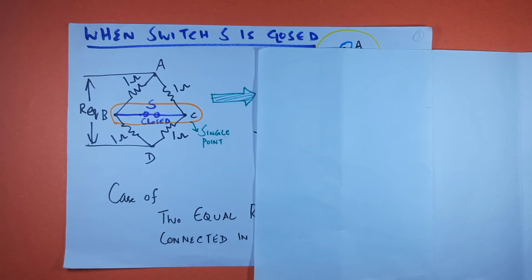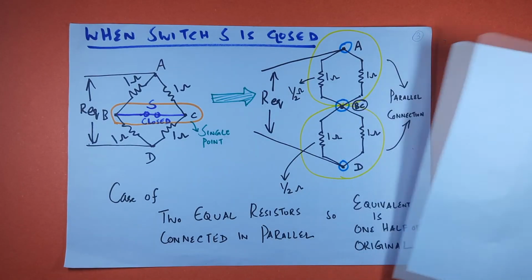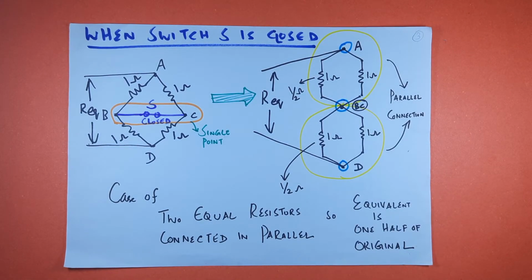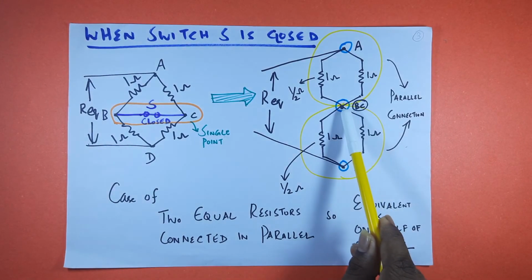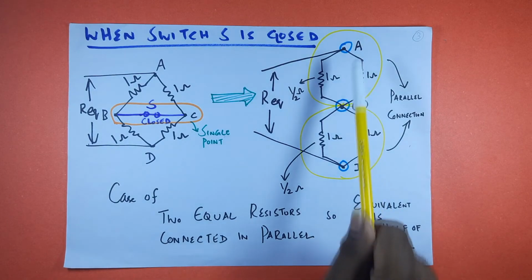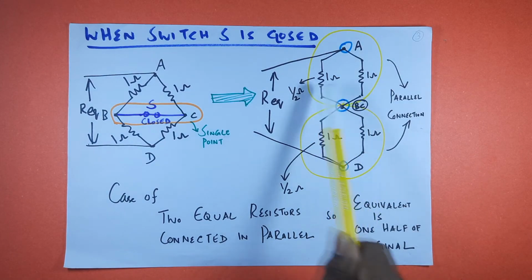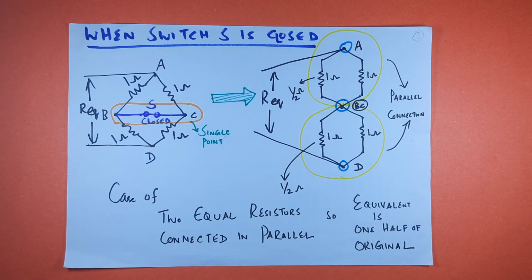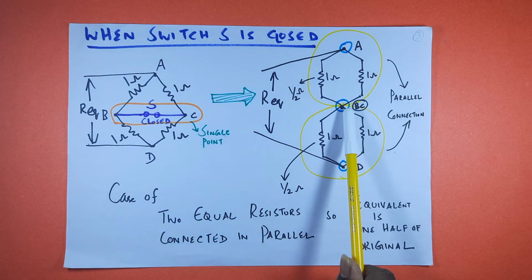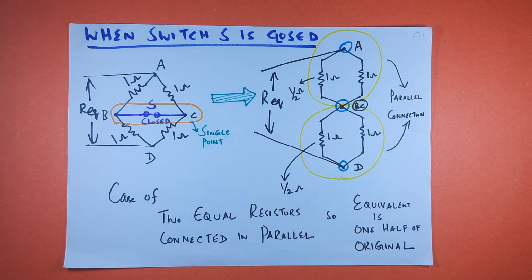You can denote it as BC. I will redraw the circuit like this. This is your point BC, a single point, and this is point A. Between BC and A, we have two 1 ohm resistors connected. Similarly, between point BC and D, two 1 ohm resistors are connected.